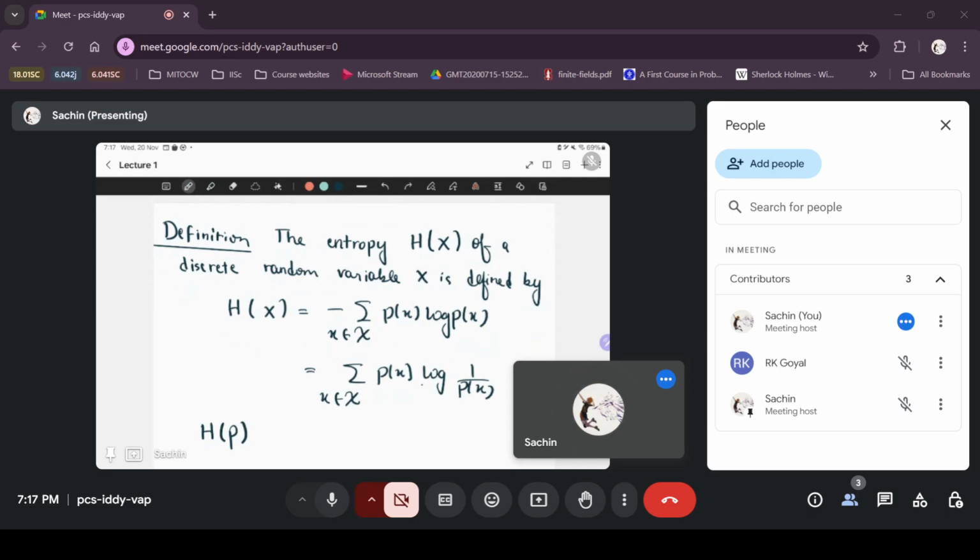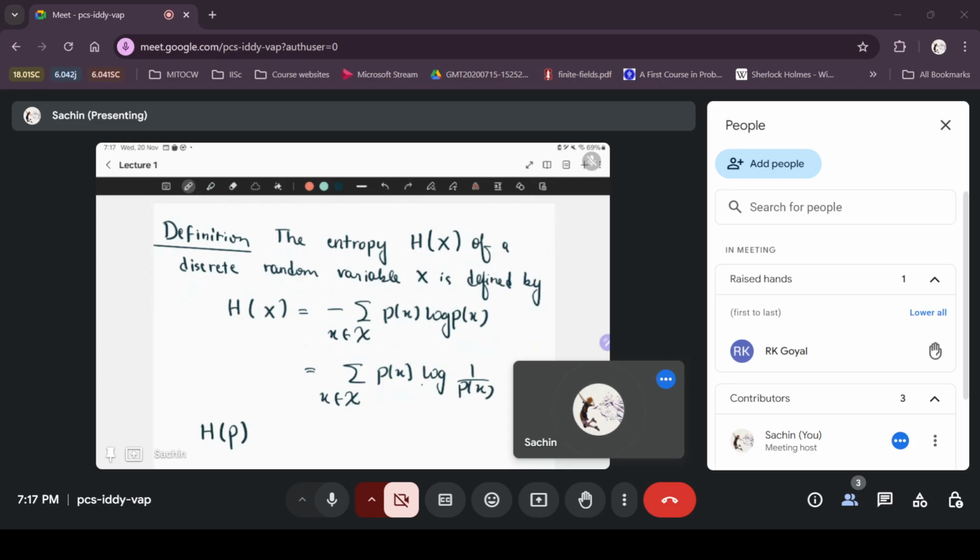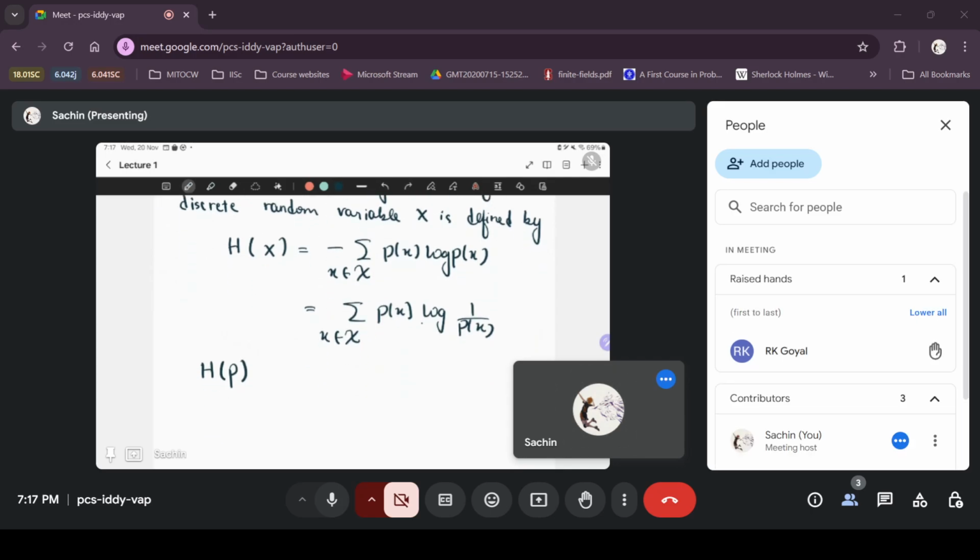So if two different random variables have the same probability distribution, they will have the same entropy. The main thing that decides the value of the entropy is the probability distribution and not the random variable. So you could call it H of P, where P is a probability distribution.